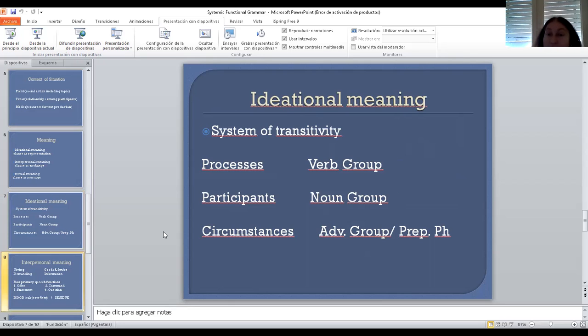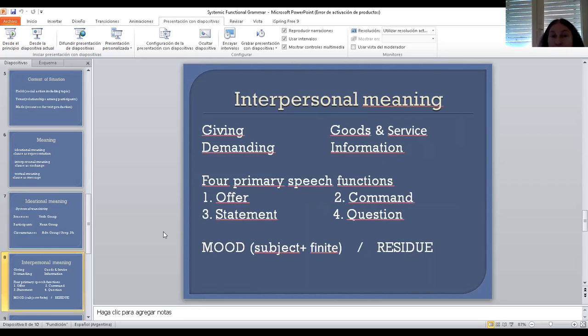Within interpersonal meaning, we are studying then the clause as exchange, and basically Halliday suggests studying these exchanges in terms of whether we are giving or demanding goods and services or information. And then he combines them to get to the 4 primary speech functions.